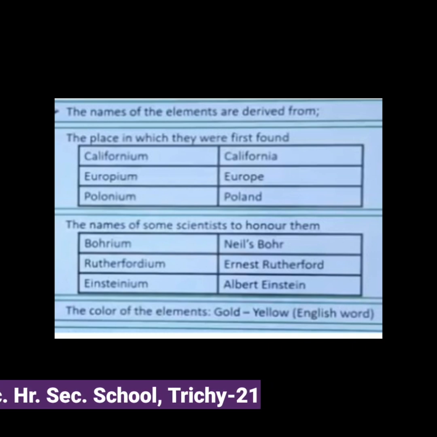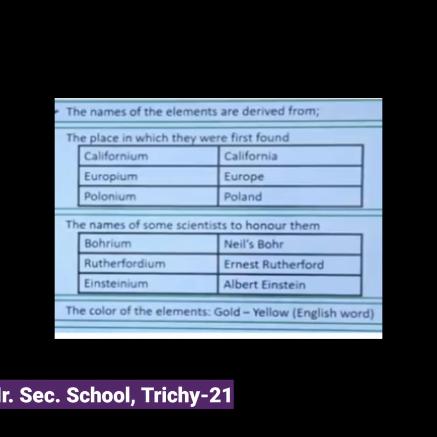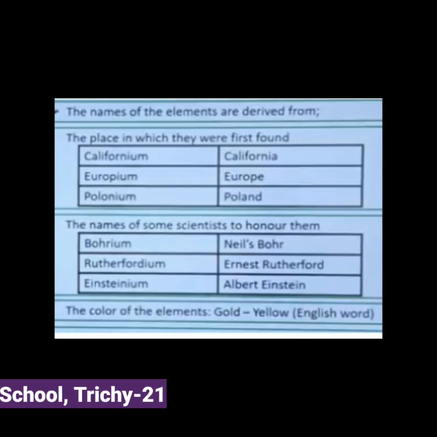Some scientist names: Niels Bohr, the element Bohrium. Ernest Rutherford, the element Rutherfordium. Albert Einstein, the element Einsteinium. And then color of the element is the name for gold. It is a yellow color.